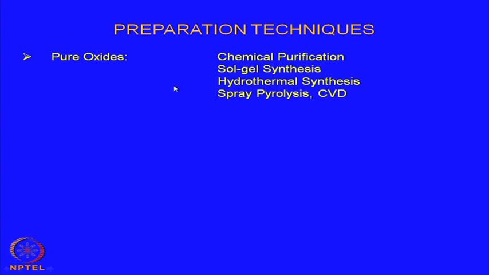You take the elements in solution form, and it may be an aqueous solution, but most of the time it is a non-aqueous solution in alcoholic medium, and then slowly hydrolyze them, so that the hydrated material or gel forms in a very fine, nanostructure form, and slowly one can heat it to high temperature, so that you can get very fine, almost nano size powders.